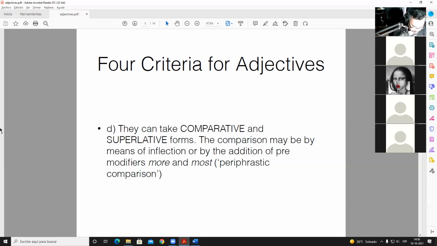And on the other hand, when we have long adjectives, we're going to use this periphrastic construction. So for comparatives, we're going to use more and then the adjective and then a preposition, but the preposition is optional. And finally, for the superlative, we're going to use the most and then the adjective. Simple, I think.